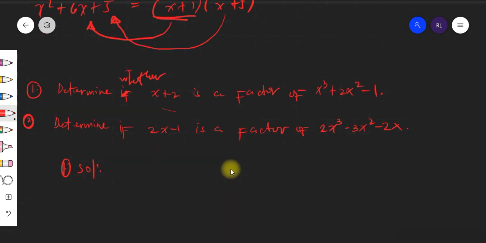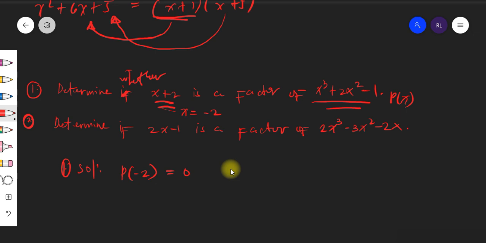Using the remainder theorem, this becomes x equals negative 2. Let us say this is our p of x. So p of negative 2 must be 0 in order for x plus 2 to be a factor of this polynomial.